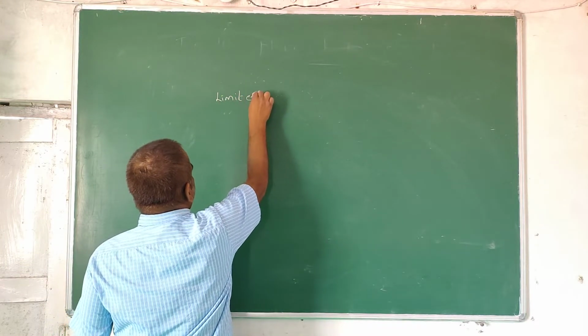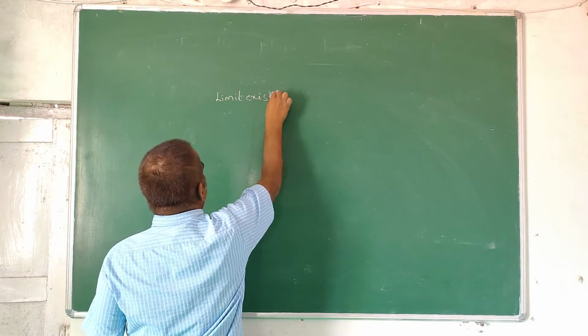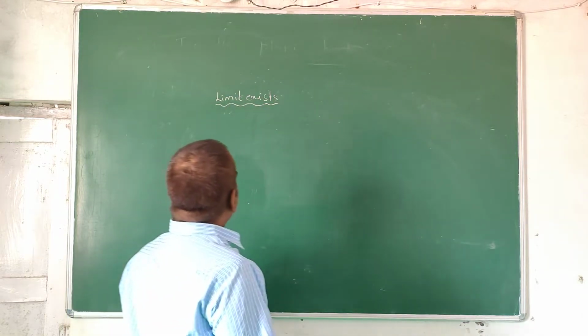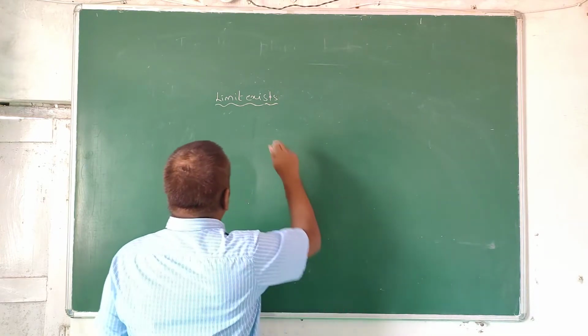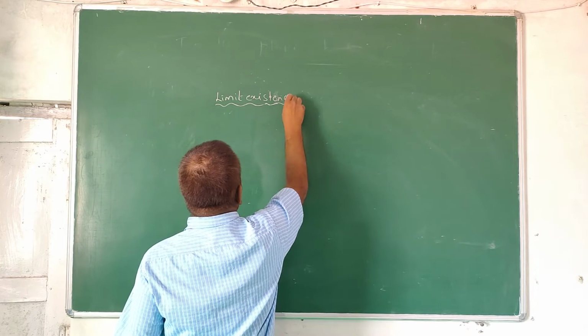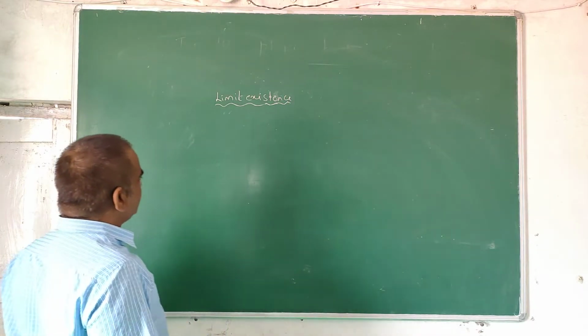A theorem which states the rule for the limit of a function to exist. Limit existence theorem.